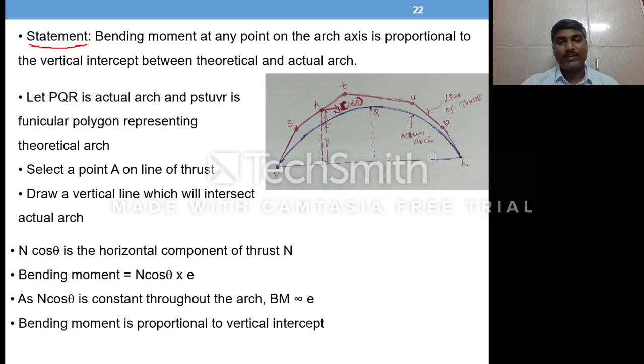PSTUVR, all these points I have listed here, are the points on the theoretical arch, which is the funicular polygon, representing the theoretical arch.